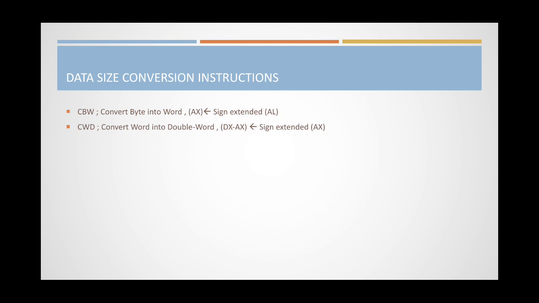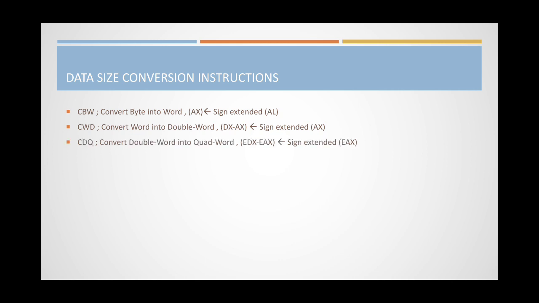The CWD instruction is used to convert a word into a double word, and the same concept applies. You will have a word within AX, and CWD will extend the sign of that number present within AX, and that 16-bit number will be converted into a double word, that is 32 bit. The lower 16 bits will be stored in AX, the higher 16 bits will be stored in DX.